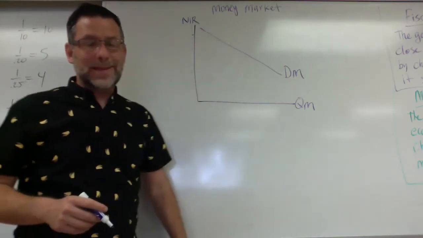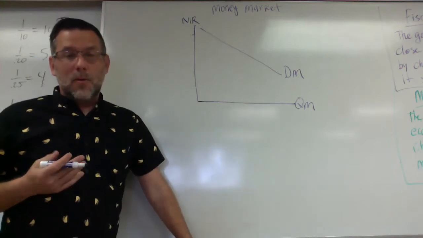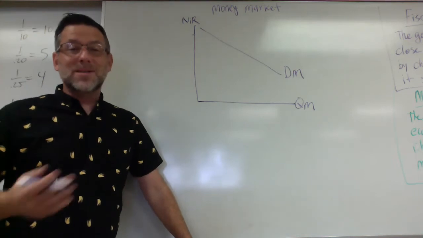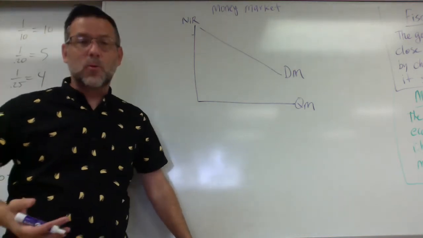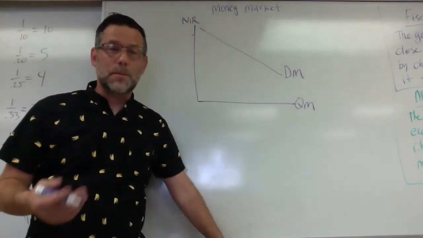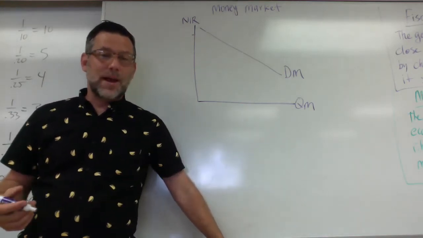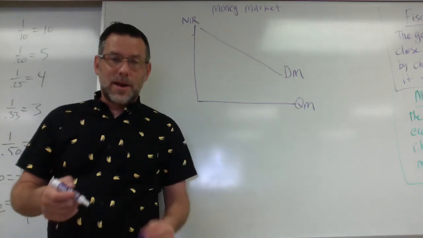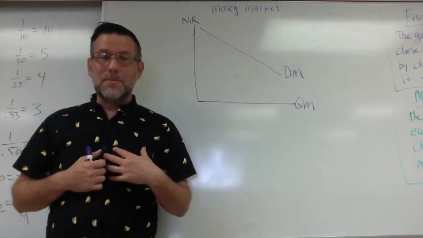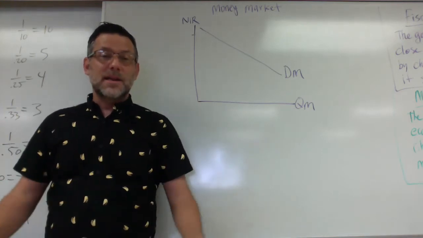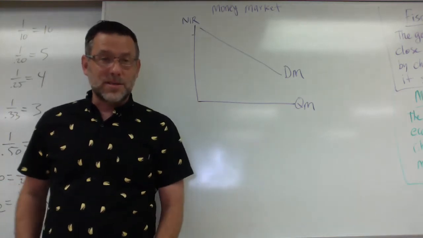So the trade-off that we see here is that when interest rates are really high, like up here, I'm not going to want my money in M1. I'm going to want to earn interest off of it. I'm going to want to put it in a CD or a bond or a bank savings account. If the interest rate was 50%, I could put $10,000 in a bank today, and in a year they give me $15,000, right?